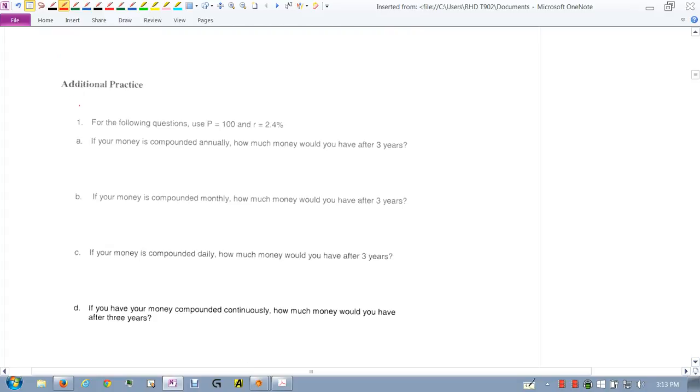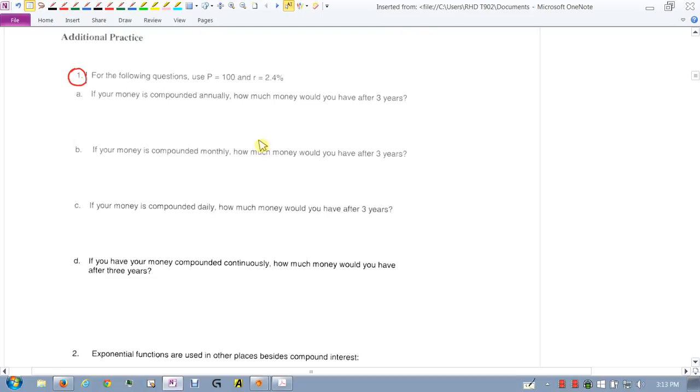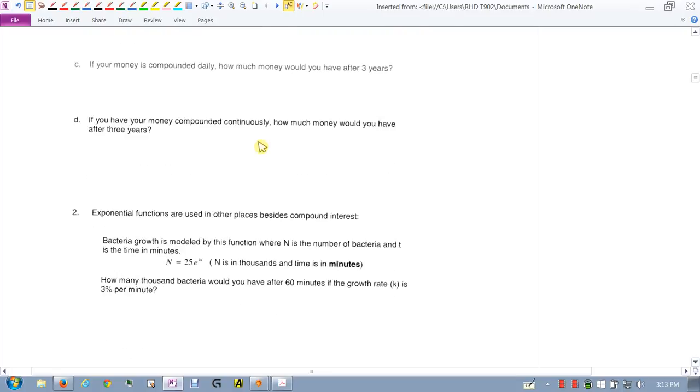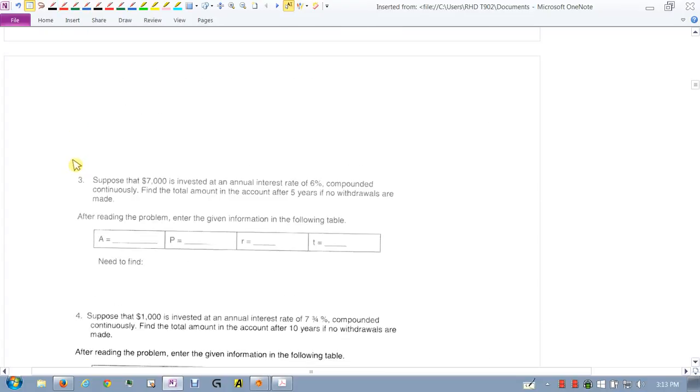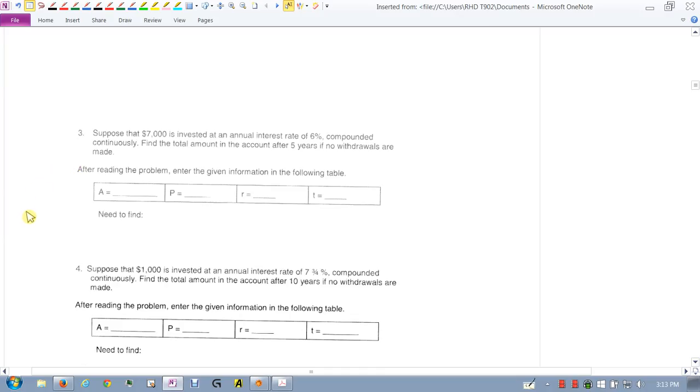Page 4, number 1, very similar to what we did in class. 100, I think we used, it was 100, but was it 2%? This is 2.4. Here's a bacteria problem. Number 2.